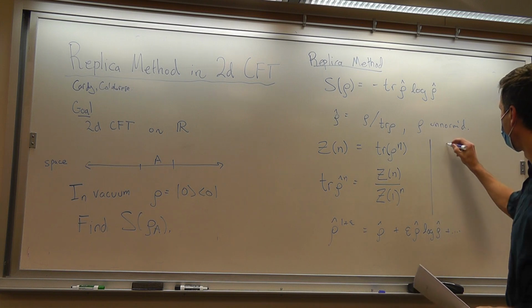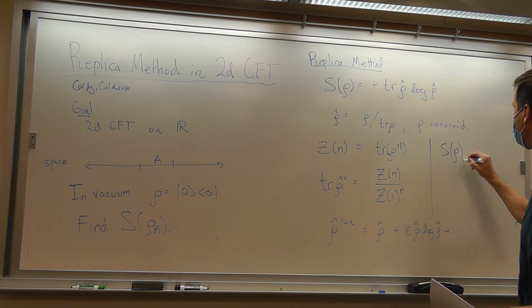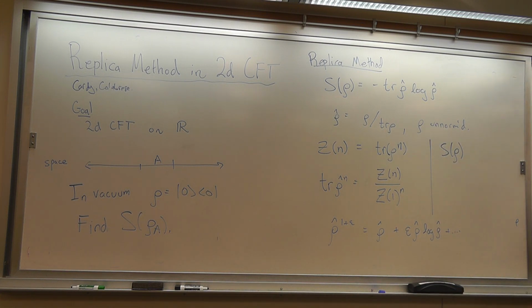That is, S of rho, the von Neumann entropy that we're looking for, is formally minus d/dn of Z of n over Z of 1 to the n, evaluated at n equals 1.